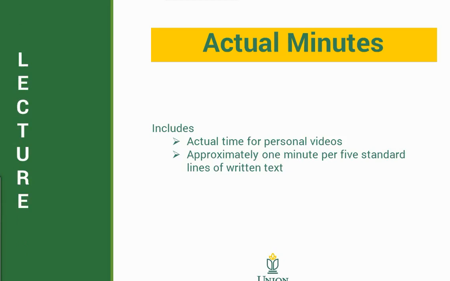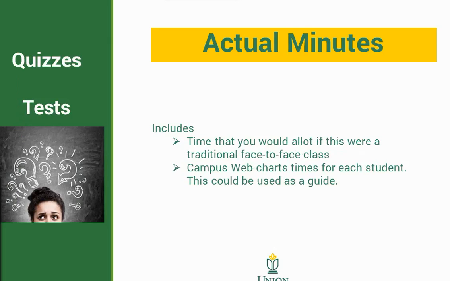Lecture. If you do personal video lectures, the exact time of the video counts as instructional content. If you do lecture in written form, we approximate the amount of the lecture as the time it would take students to read the material, which we approximate as perhaps 1 minute per 5 standard lines of written text.